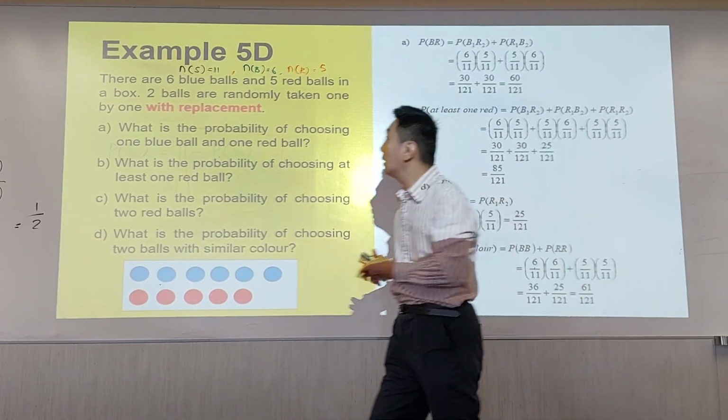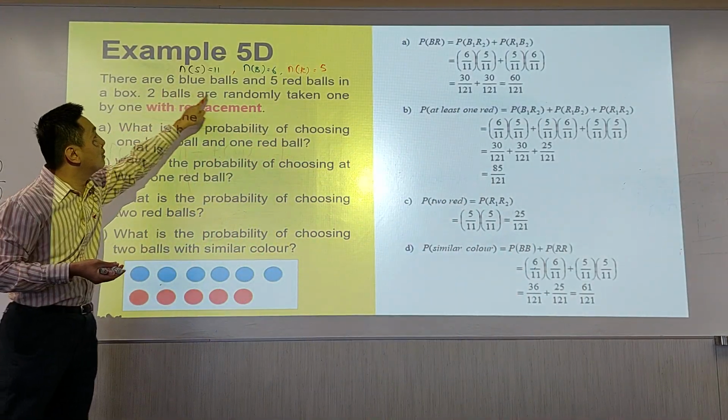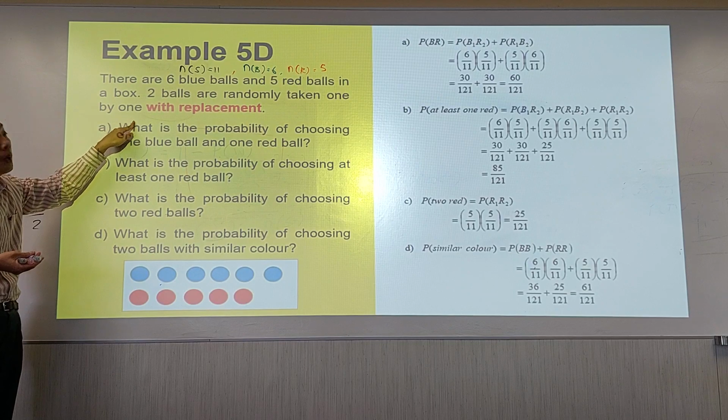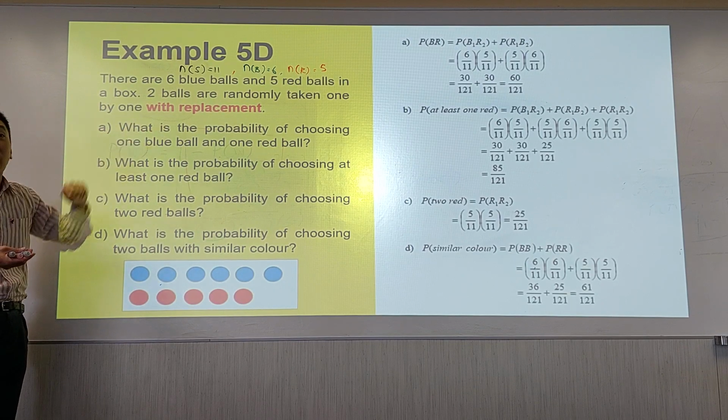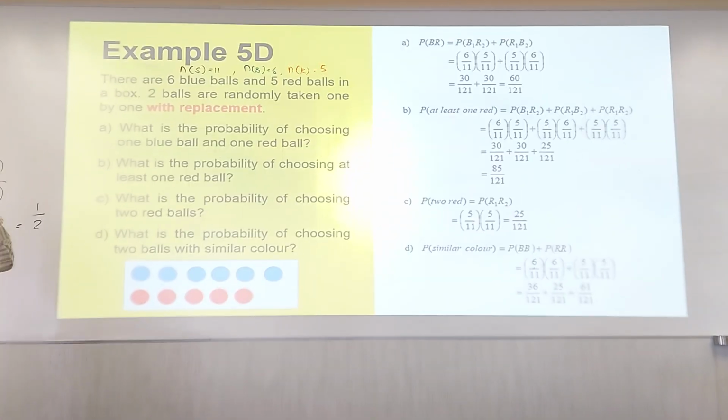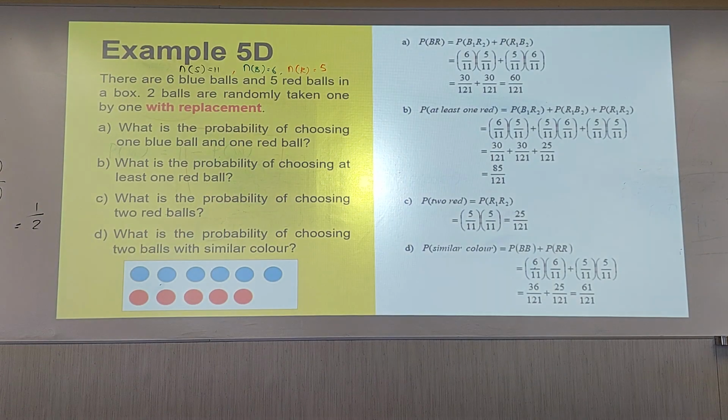Right? Next sentence. 2 balls are randomly taken 1 by 1 with replacement. What's the meaning? Okay, assume that now there are 11 balls inside this box. What's the meaning of choosing 2 balls 1 by 1 with replacement? Randomly means I will not see, I just randomly choose 1.